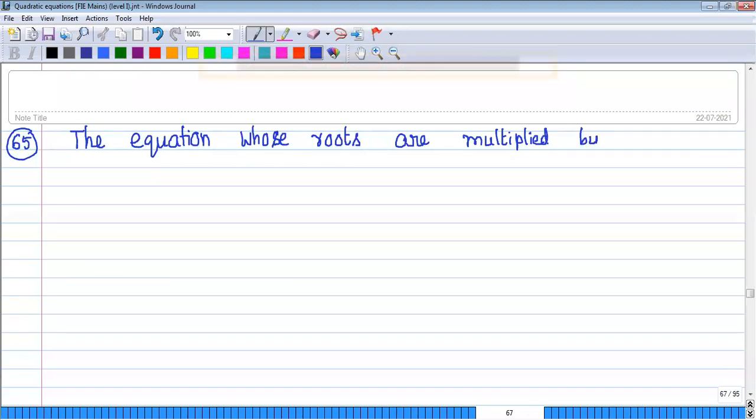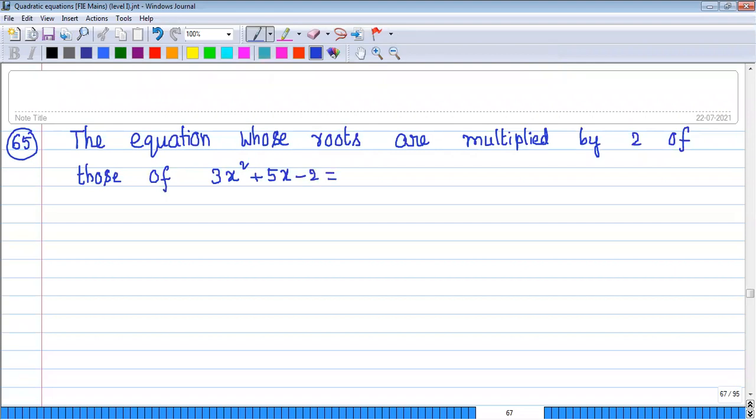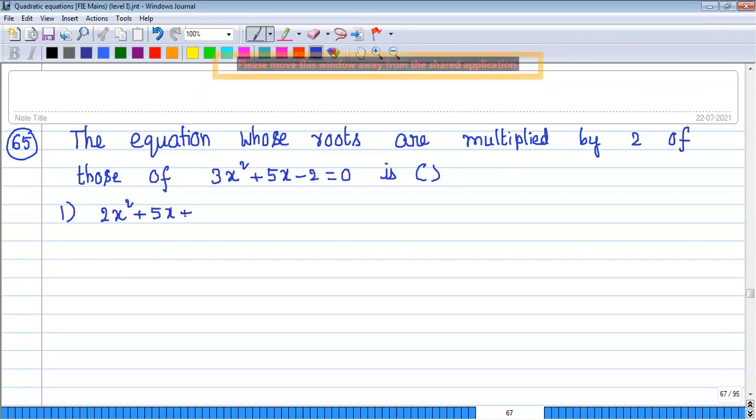Multiplied by 2 of those of 3x square plus 5x minus 2 equals 0. First option: 2x square plus 5x plus 1 equals 0.